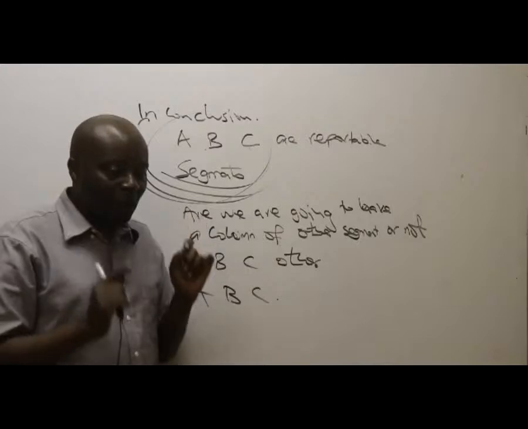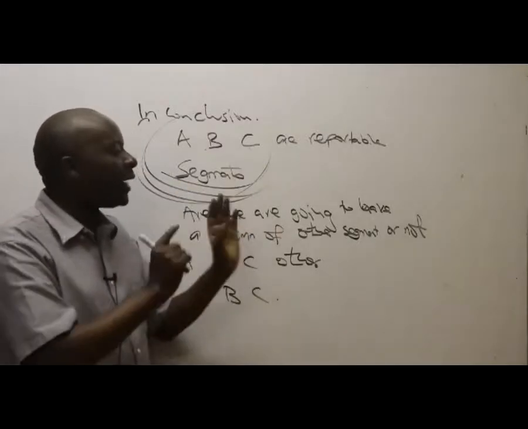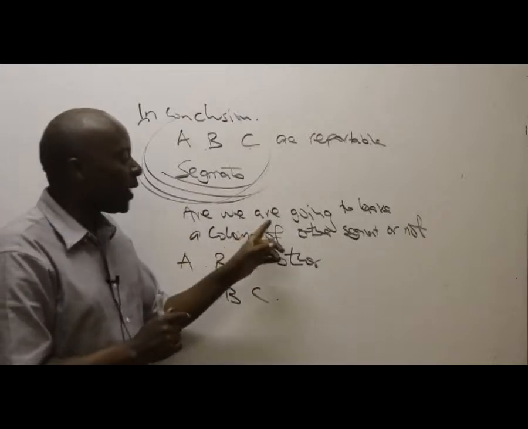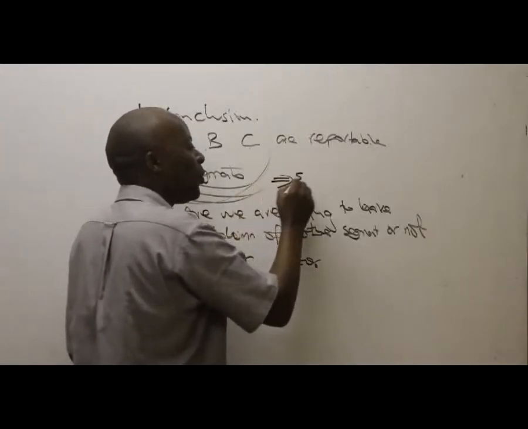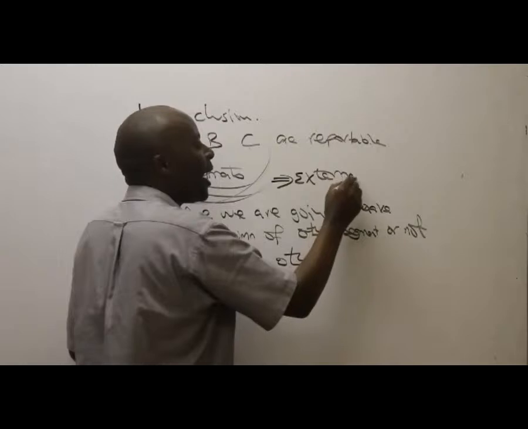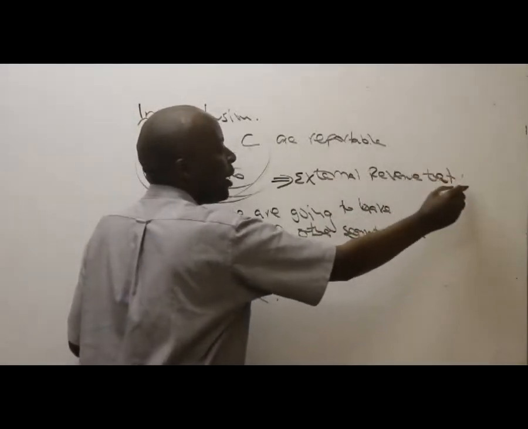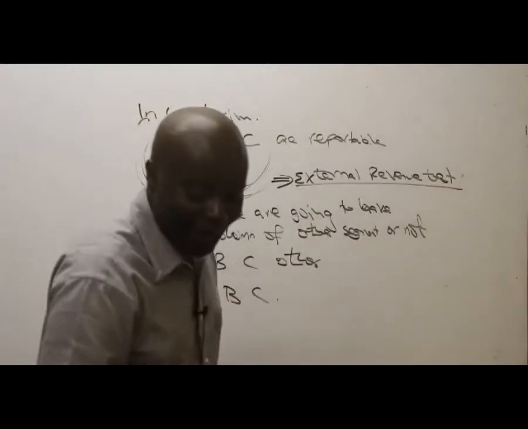So we have to ask ourselves, are we going to have a column of other segments or not? For you to answer this question, you must use what we call the external revenue test. This is the last test.